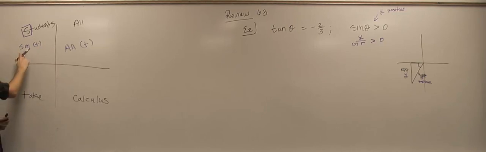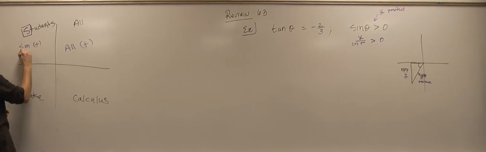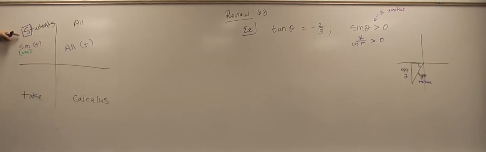By association, what's the reciprocal of sine? Cosecant is also positive. Because they're just reciprocals, that's not going to change the positive or negative. But the way the mnemonic device works is if you see S, you think sine's positive. So what do you think is positive in the third quadrant? Tangent.